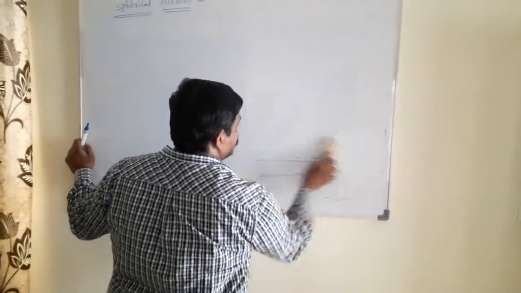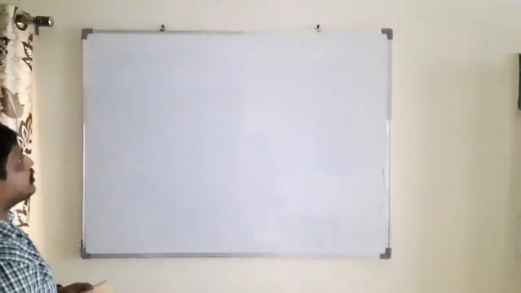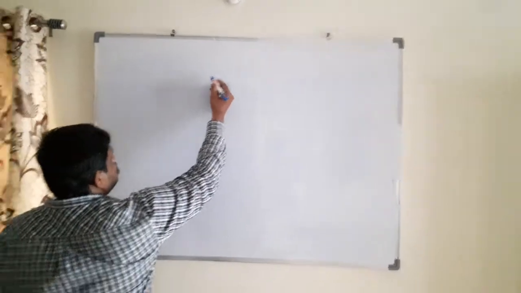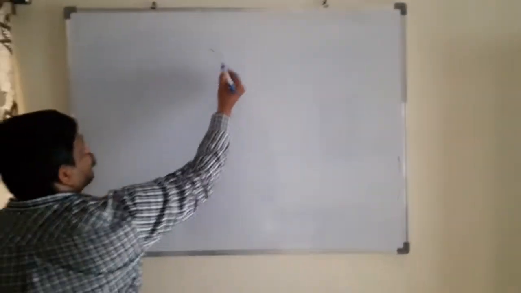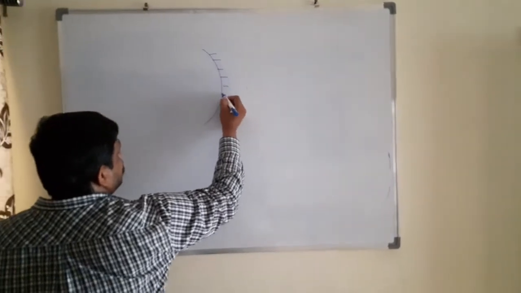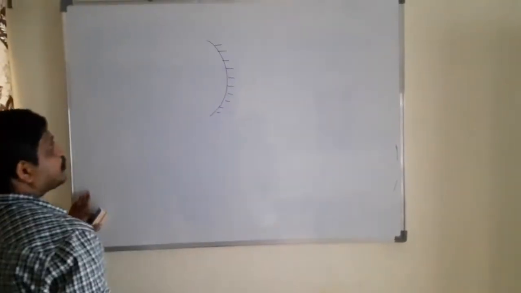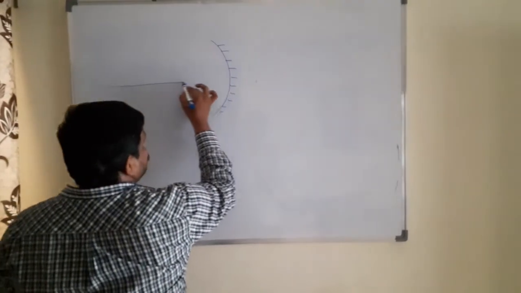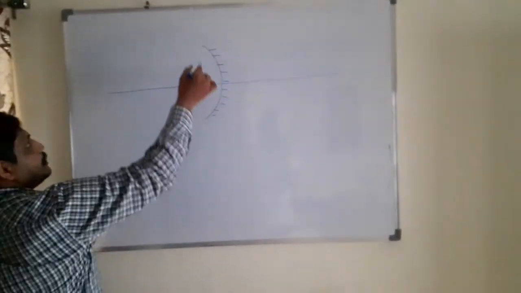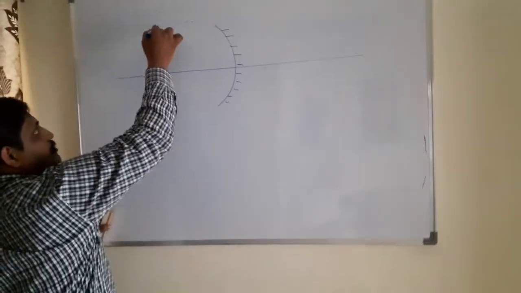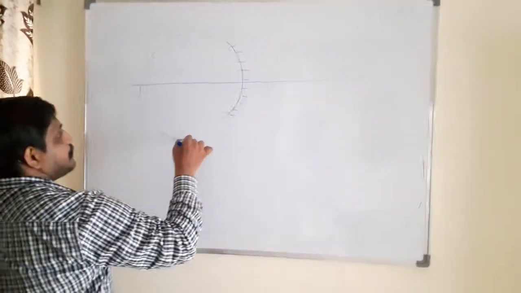Look here. For example, this is the concave mirror. This axis is called the principal axis. Based on the curved surface, we draw an imaginary sphere.